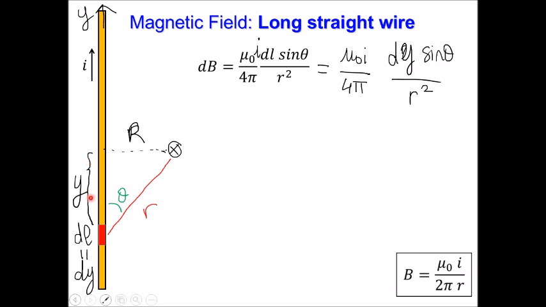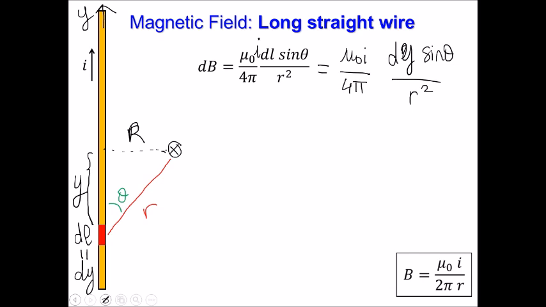Well, y is changing, the distance is changing, and the angle theta is changing. If I am here, the angle theta is 90 degrees. So theta, r, and y are all changing. That's not good for integration. We need just one variable, so I express everything as a function of y.